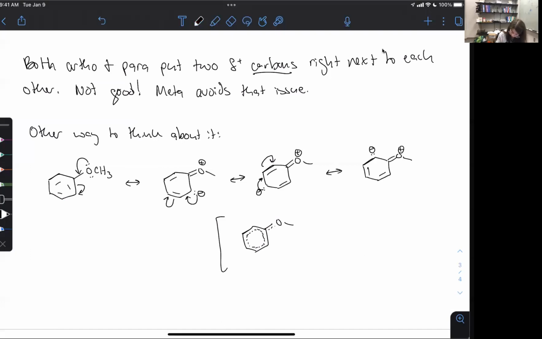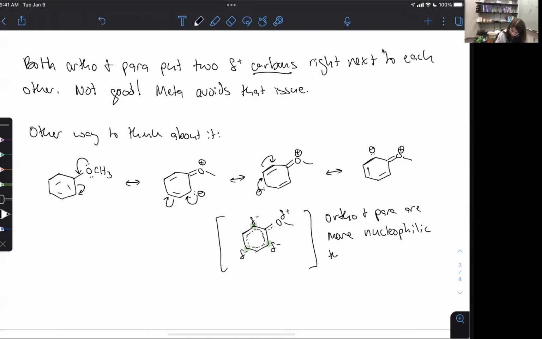But then we also have, so this oxygen is delta plus, and then we've got delta minus, delta minus, delta minus on our ortho and para positions. Okay, so the ortho and para positions are more nucleophilic than the meta.